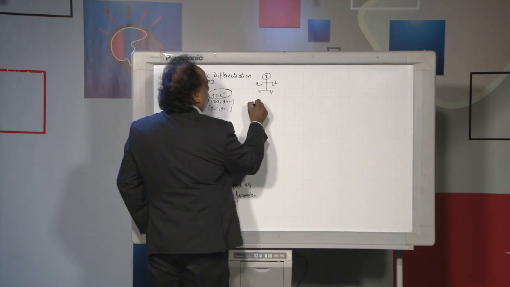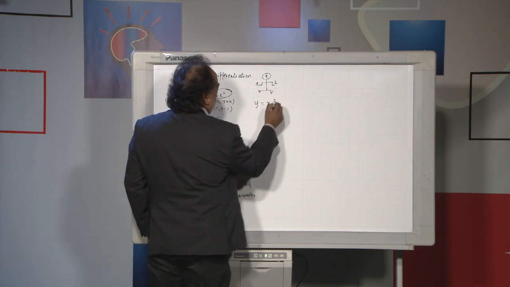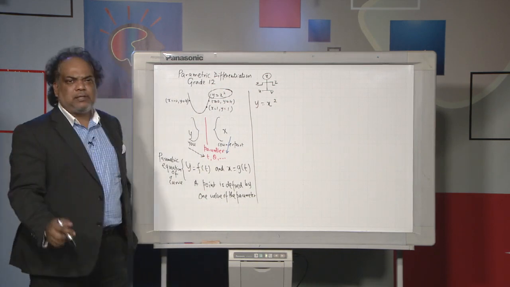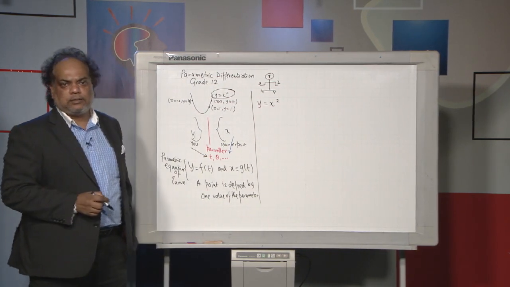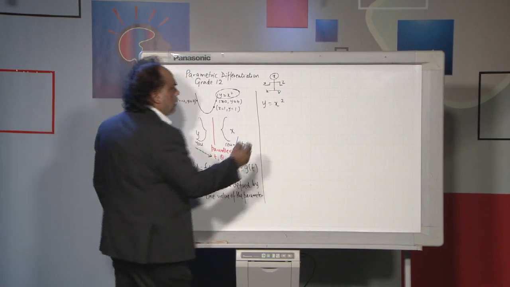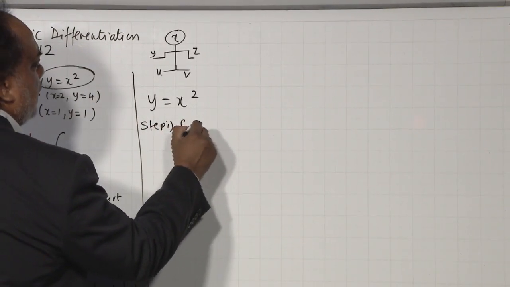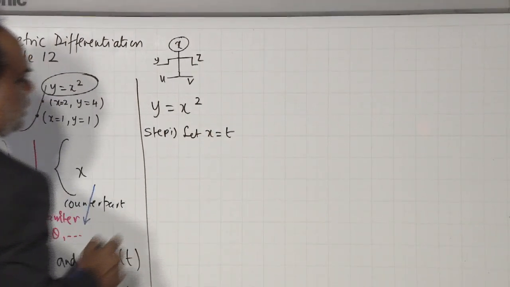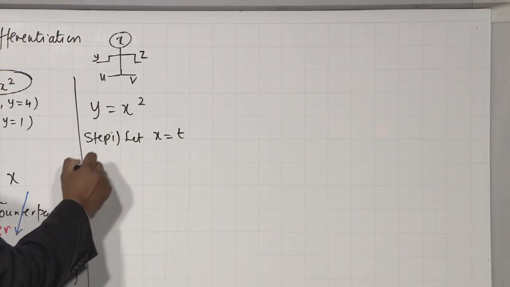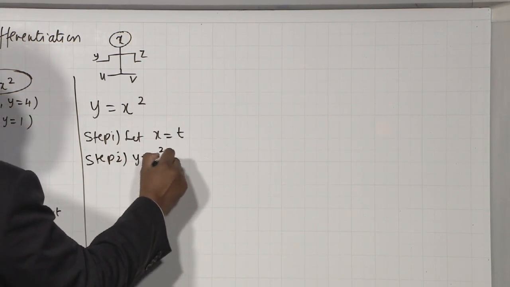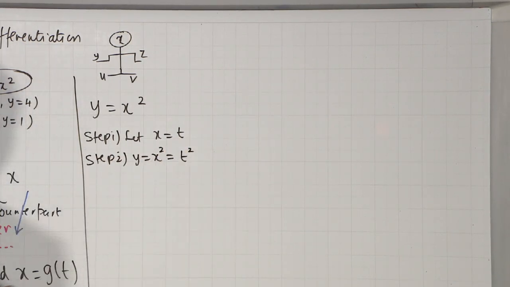For this curve now, y is equal to x squared, I will ask you to parameterize it. What does it mean? Parameterize this equation. Introduce a parameter. So first step that we can do is to say let x equal to t. Step 2, y is equal to x squared is equal to t squared.